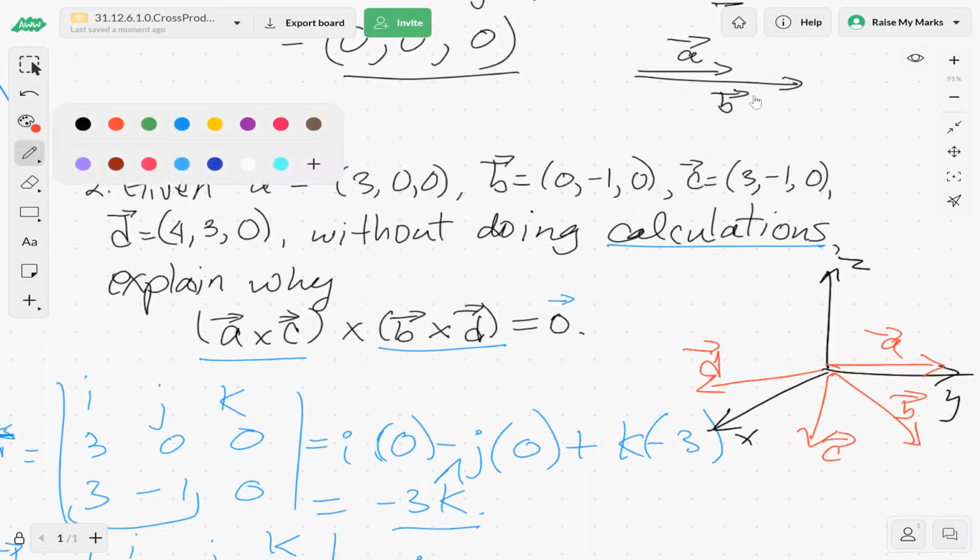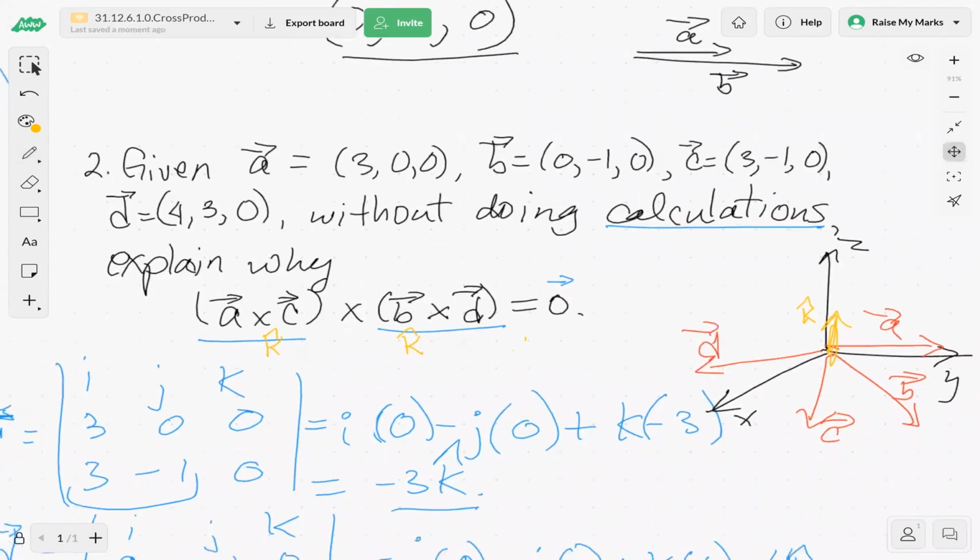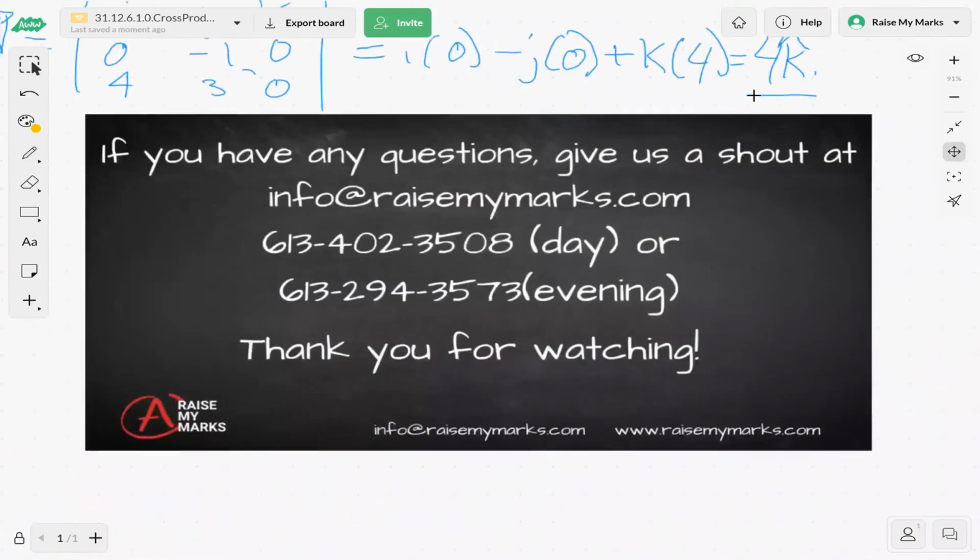So that means their cross product is going to be perpendicular, or some multiple of our unit vector k, which is in the z direction. This means we're going to have the cross product of two vectors that are parallel to each other. And when we take the cross product of two vectors that are parallel, we're going to end up with a zero vector. All right.